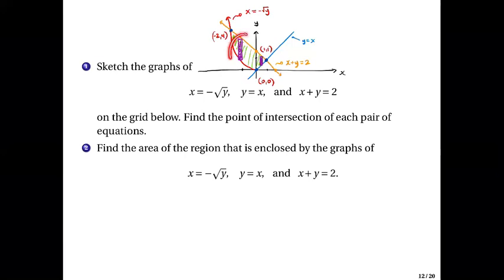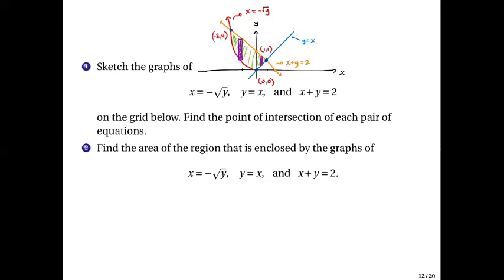On this part, the above function is this line here, and the below function is this parabola here, or part of the parabola. On the other hand, for this, the above function is this yellow line in here, and then the below function is this line. So we have to divide this into two parts.